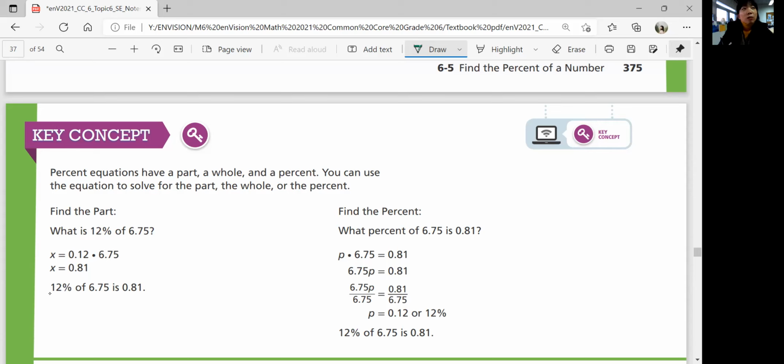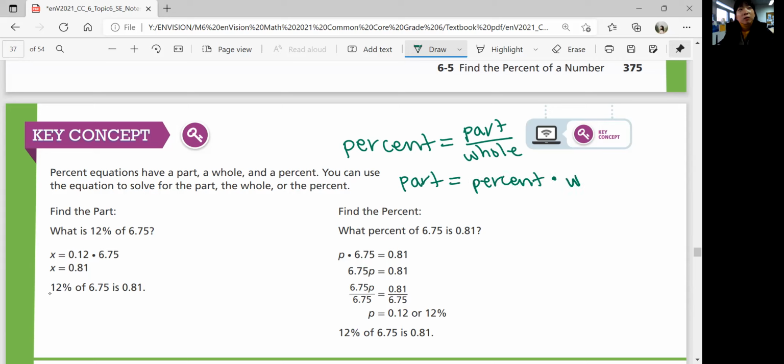But you should know that percent is always the part divided by whole. So part is percent times whole, and whole is part divided by percent.